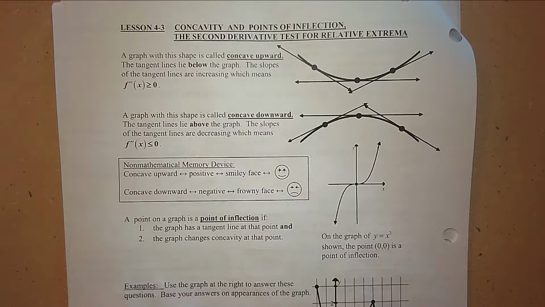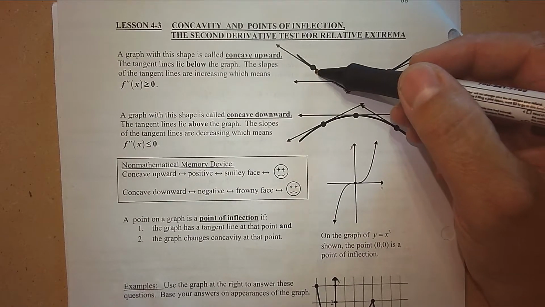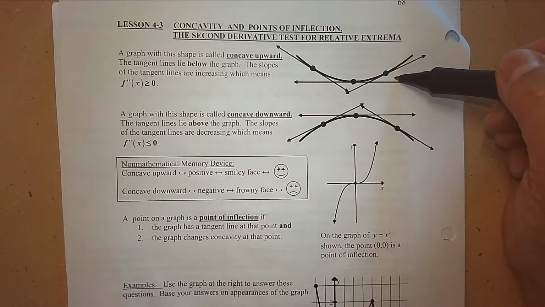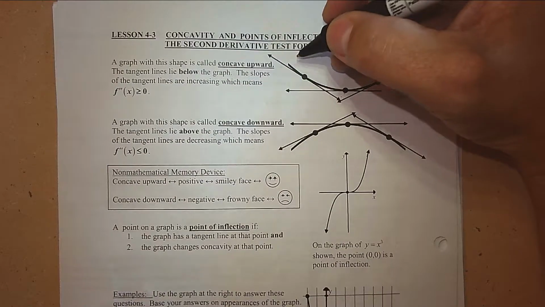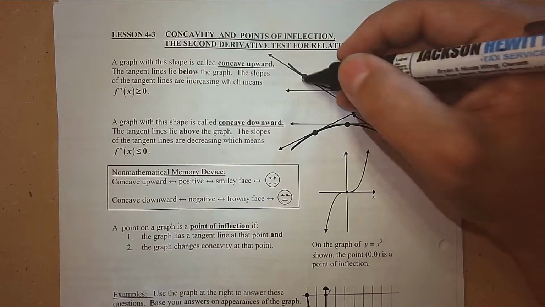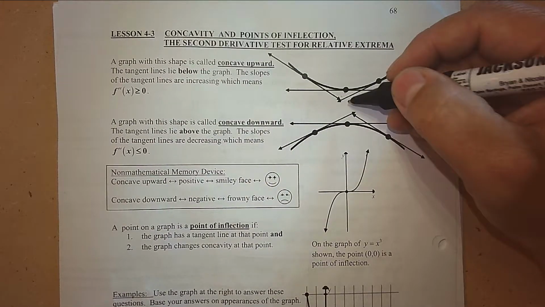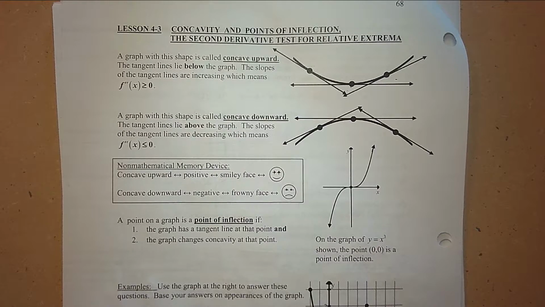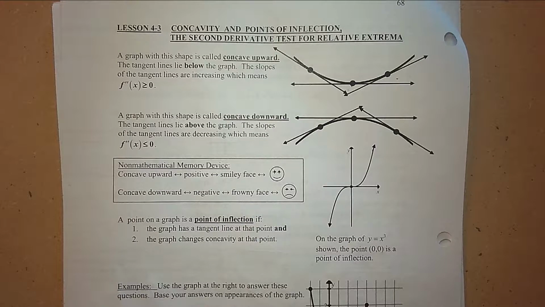Because a negative number is smaller than 0, and 0 is smaller than positive numbers. As you get steeper to the left, negative 4 is smaller than negative 2, which is smaller than 0, and so on. So technically, when the slopes are increasing, it means it is concave up.